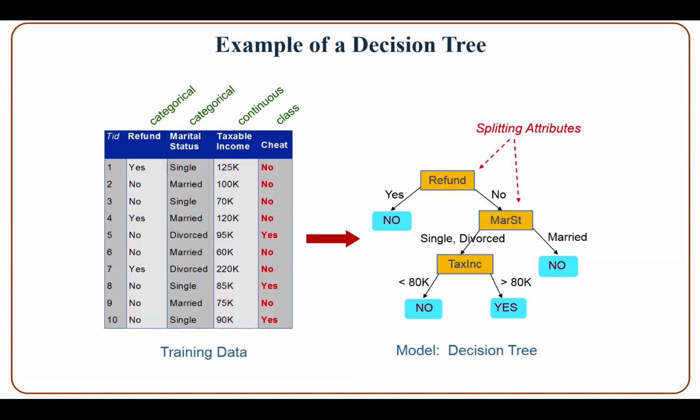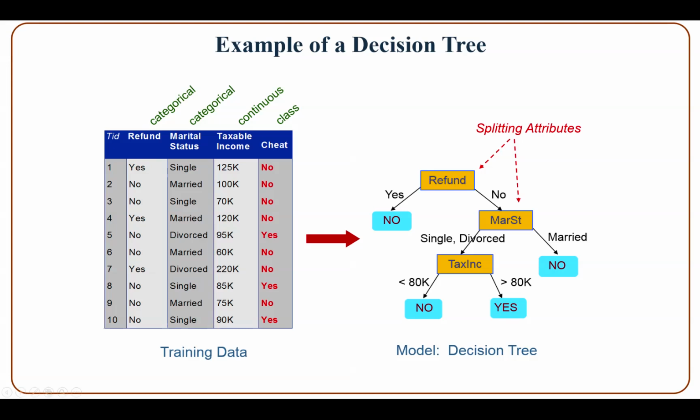Given a training dataset with 10 records and a number of attributes such as refund, marital status, taxable income, and cheat. Cheat is the class which contains the labels of the records.